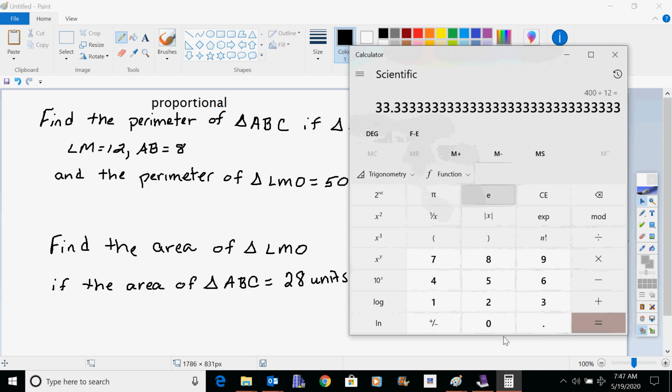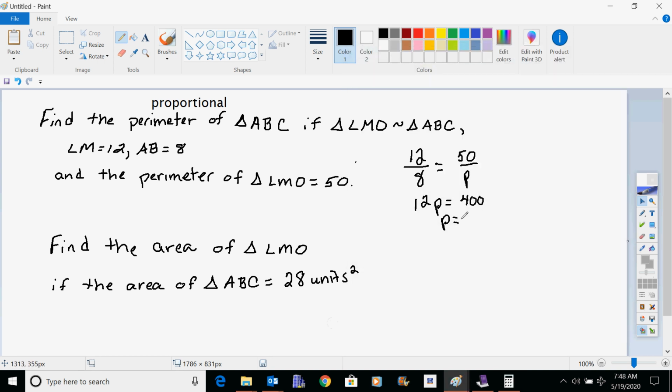And get 33.3 repeating, or 33 and a third. So it's about equal to 33 and a third on that. So this is just straight out proportional. Once again, first keyword.